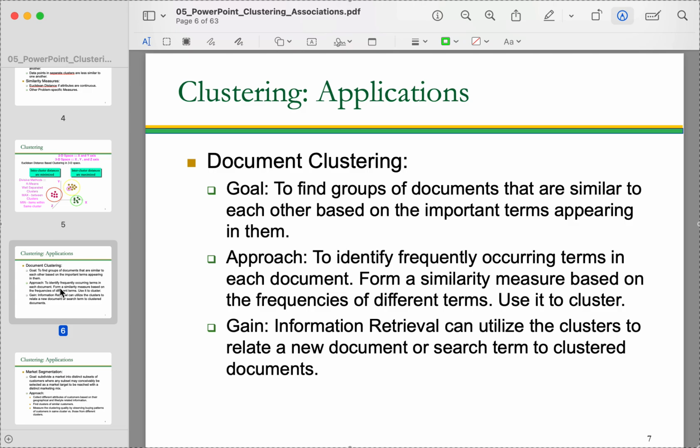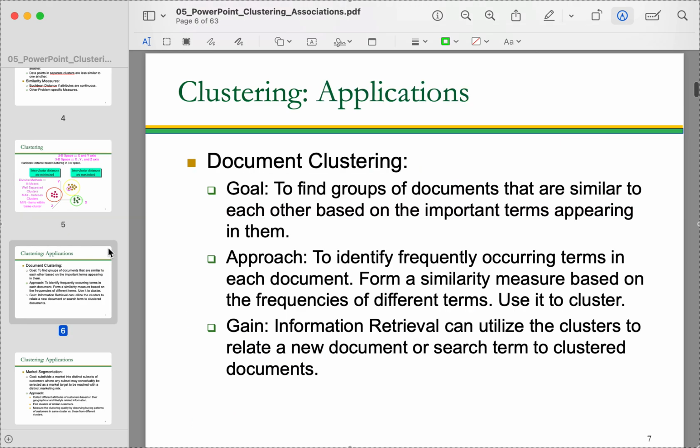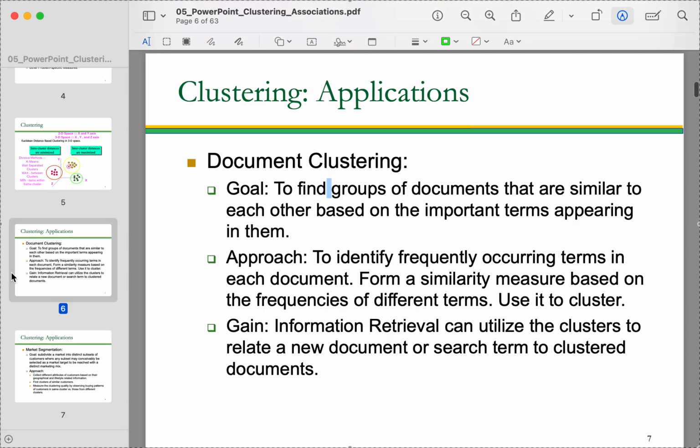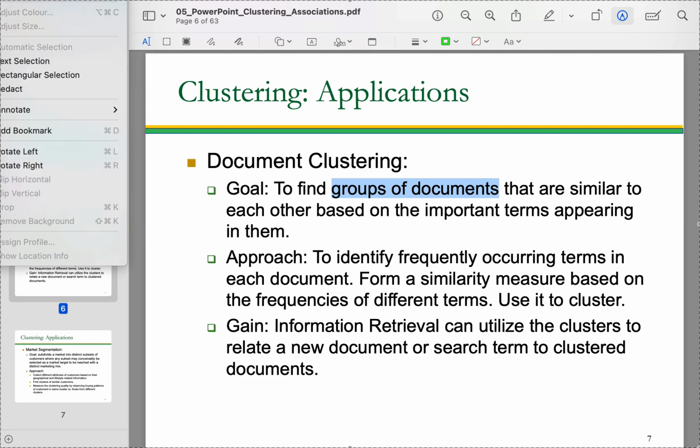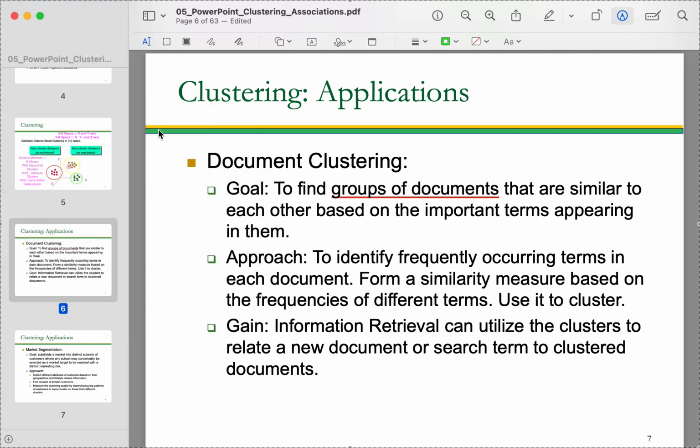As we mentioned, this kind of finding of groups of similar items has many applications. We could group similar documents together. For example, all the web pages on the World Wide Web. If we want to, we could group them as groups of similar documents or pages.